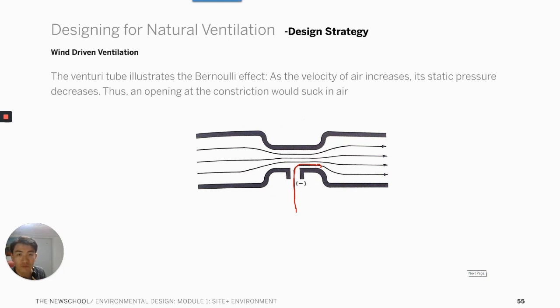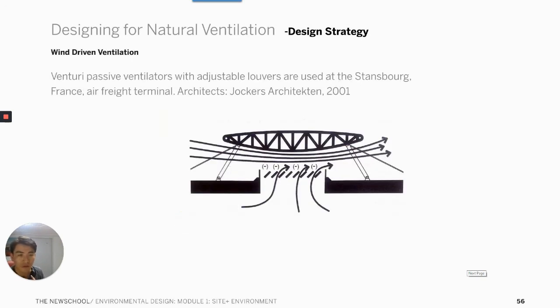Because of the pressure difference that is created at the opening, the outside air will be sucked in to follow the main air movement. This is the principle of the venturi passive ventilator. When we want, we can open up these louvers. The high negative pressure zone will aid the air inside to be sucked out of the interior of the building.